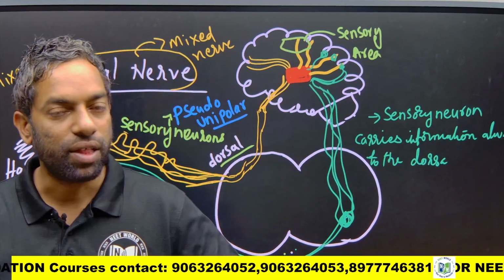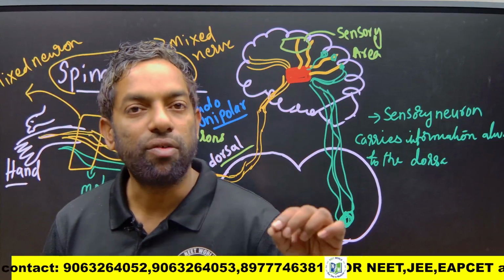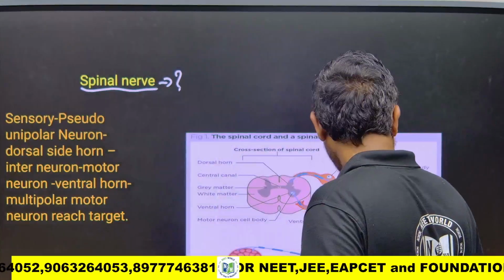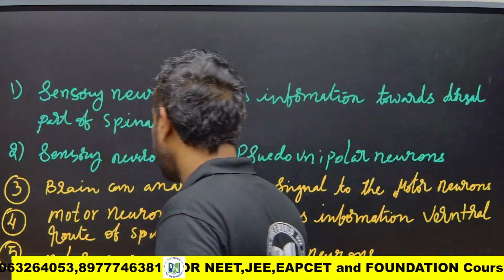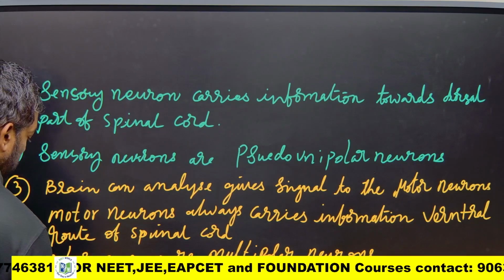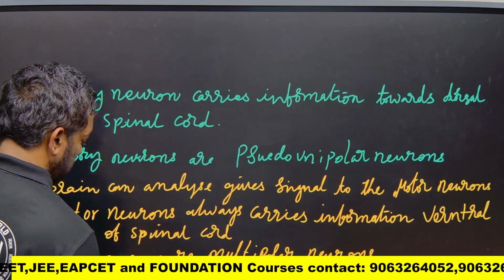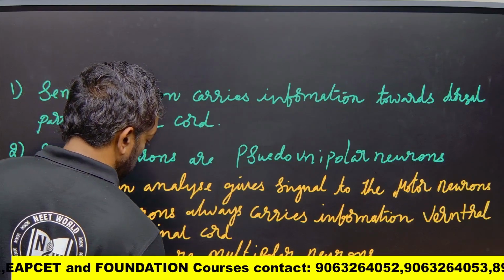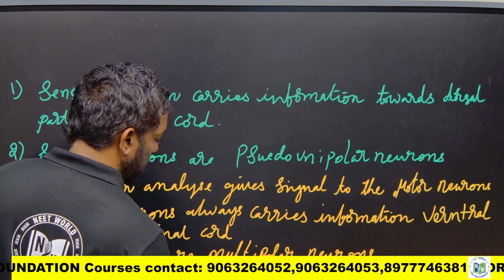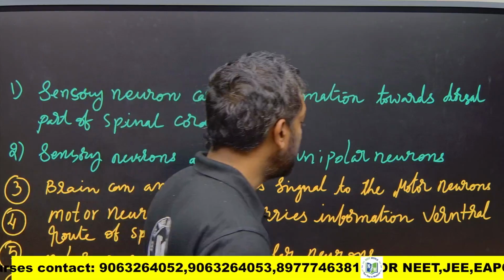Both together make contact with the spinal cord. Spinal nerve is a mixed nerve.